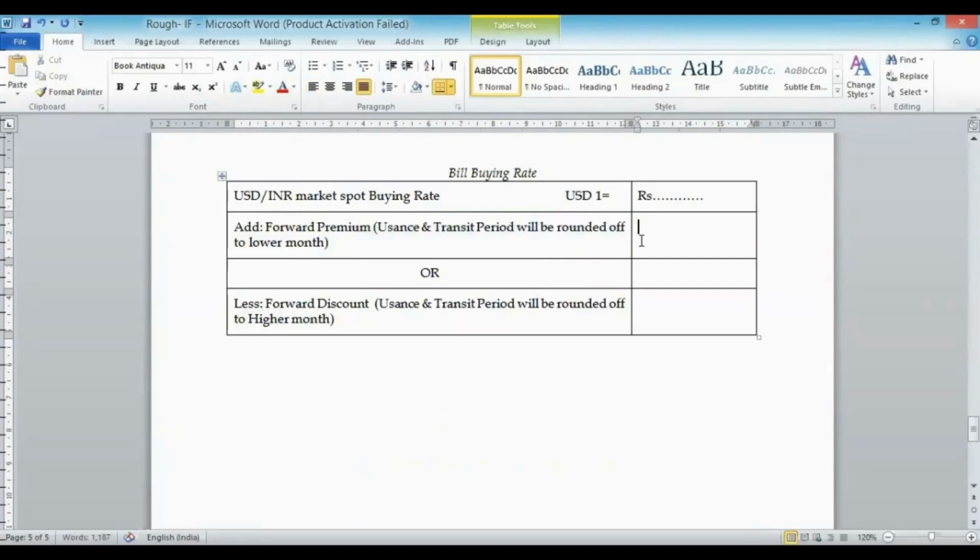If it is forward margin, if it is forward premium, then we have to add something in terms of rupees. We can say add rupees, and if it is discount, we can say minus.